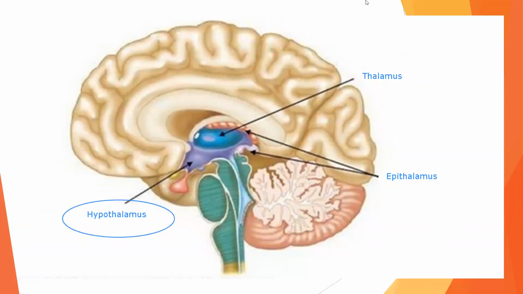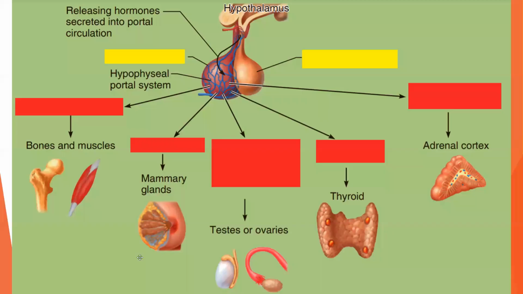Let's proceed. Hanging from your hypothalamus is your pituitary gland. So your pituitary gland is classified into two. We have your anterior and posterior pituitary gland.